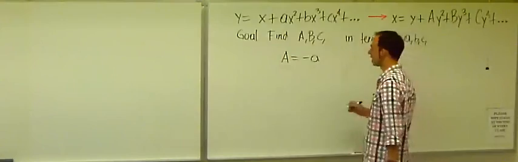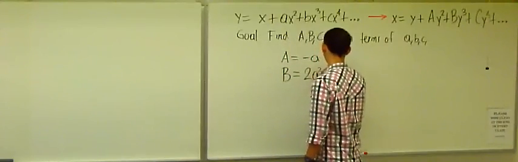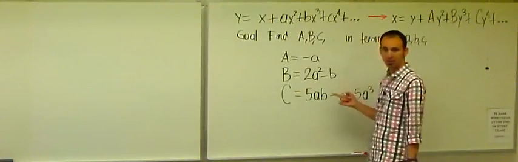It starts out very easy. For example, capital A is just minus a. Then when you solve for capital B, you find that it's equal to a squared minus b. Then you solve for capital C, and you get 5ab minus c minus 5a cubed. And I really mean it that you can do this.